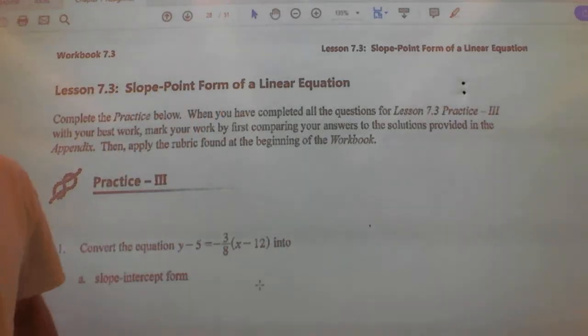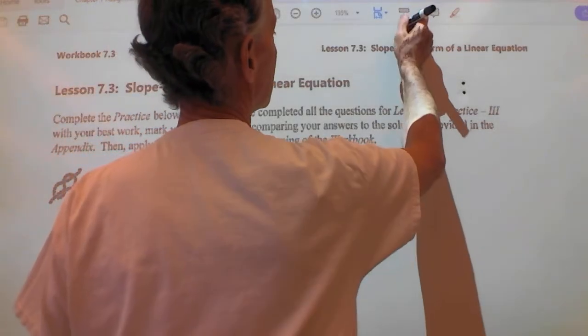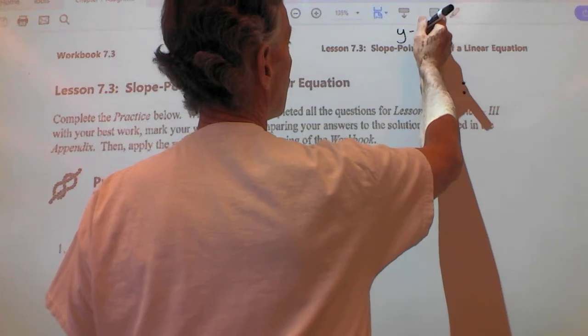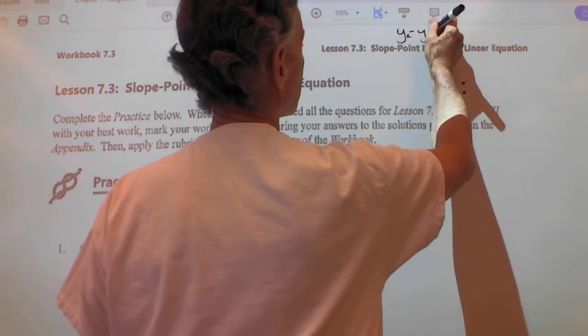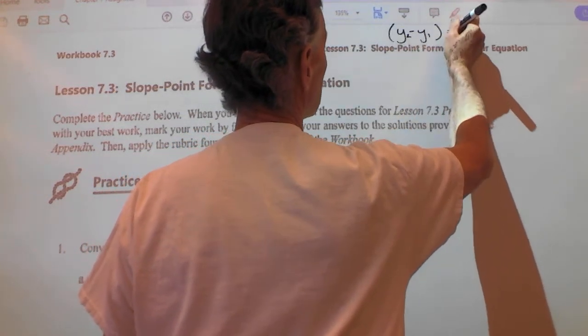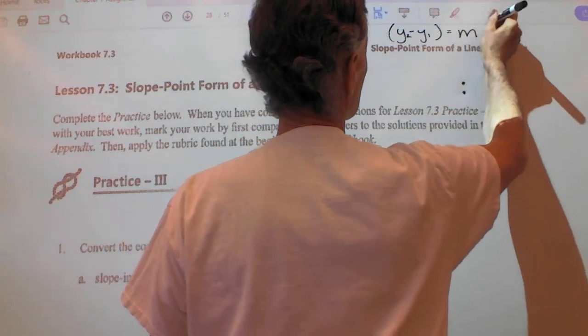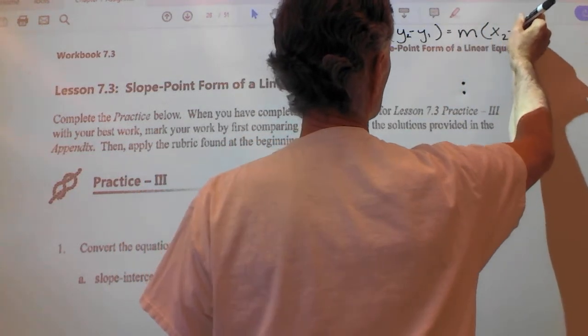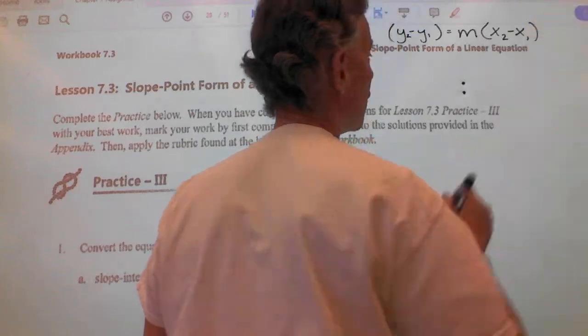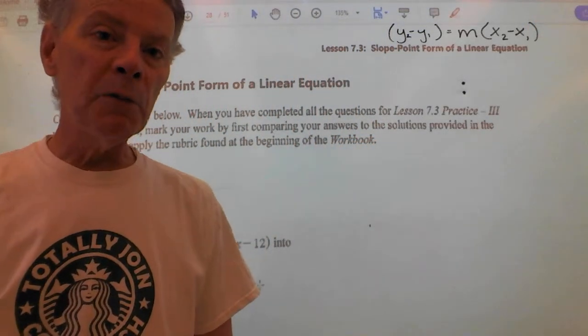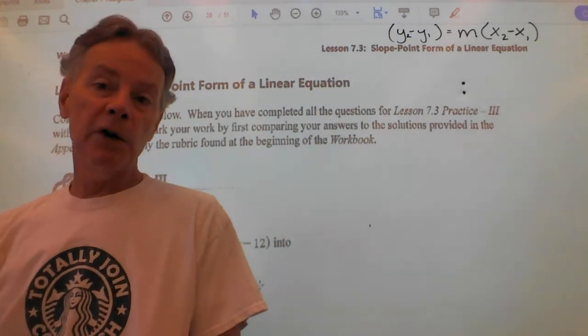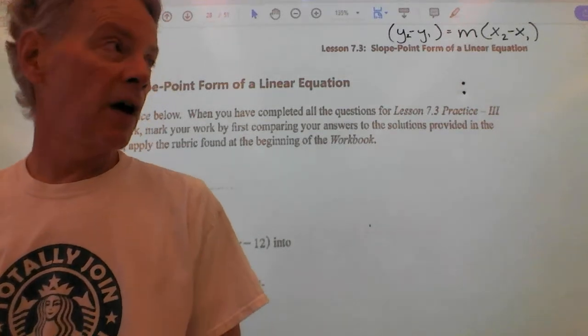Today's slope point form, remember, is y2 minus y1 equals the slope times x2 minus x1. Now remember, this is just a rearrangement of the slope formula. Okay?